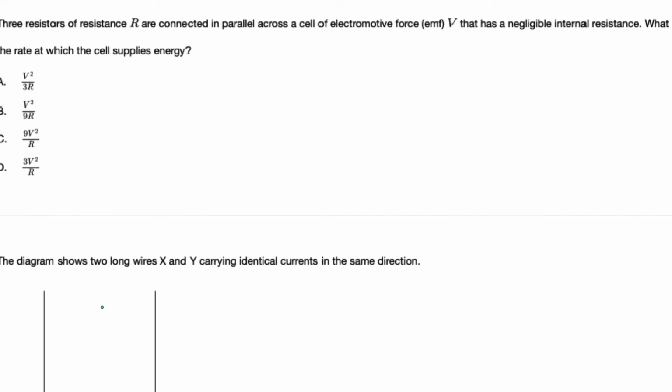Three resistors of resistance R are connected in parallel across a cell of electromotive force V that has negligible internal resistance. At what rate does the cell supply energy?